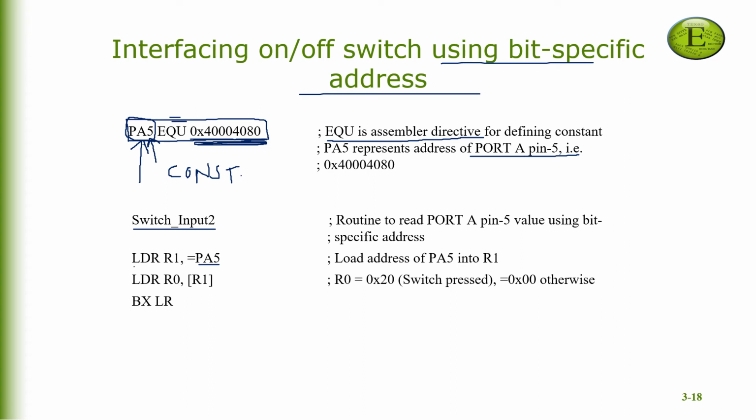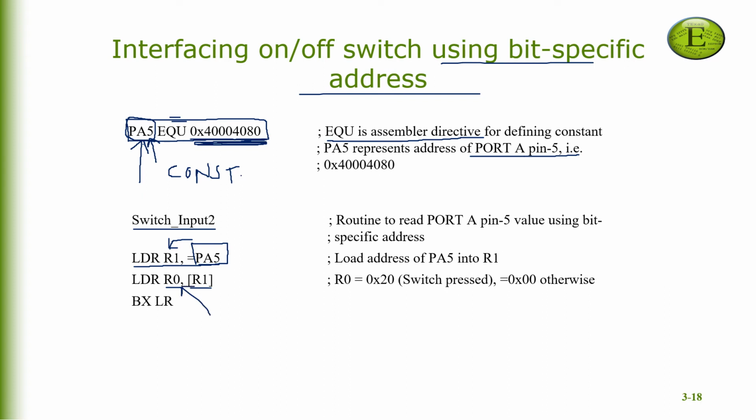The first command is now loading the address of not the port A, but just the address of pin number 5 of port A. That goes into R1. Use indexing and read in the data of port A, pin number 5, and that data goes into R0.